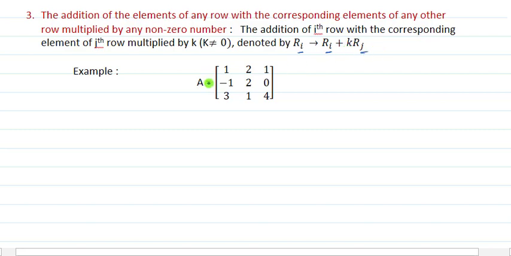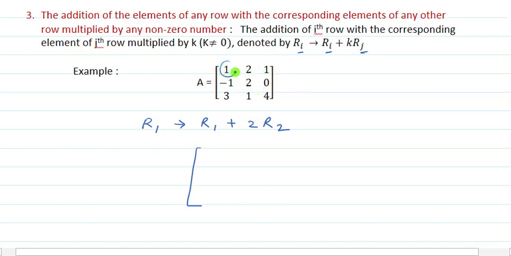For example, let us have this matrix A and let me apply one operation over here. Let me take R1 implies R1 plus 2R2. Here I have selected i as 1 and j as 2 and k as 2. So after applying this operation, matrix A will turn to, here this is R1 and this is R2 and we have to add the corresponding elements of this.